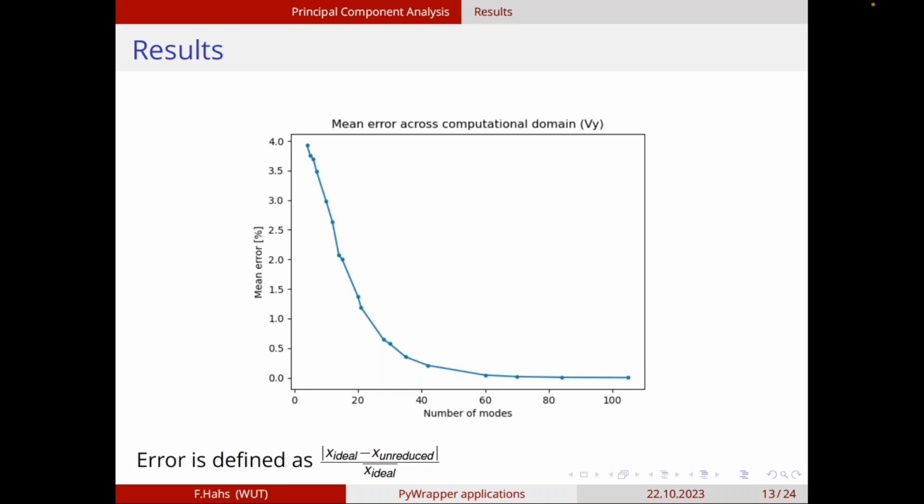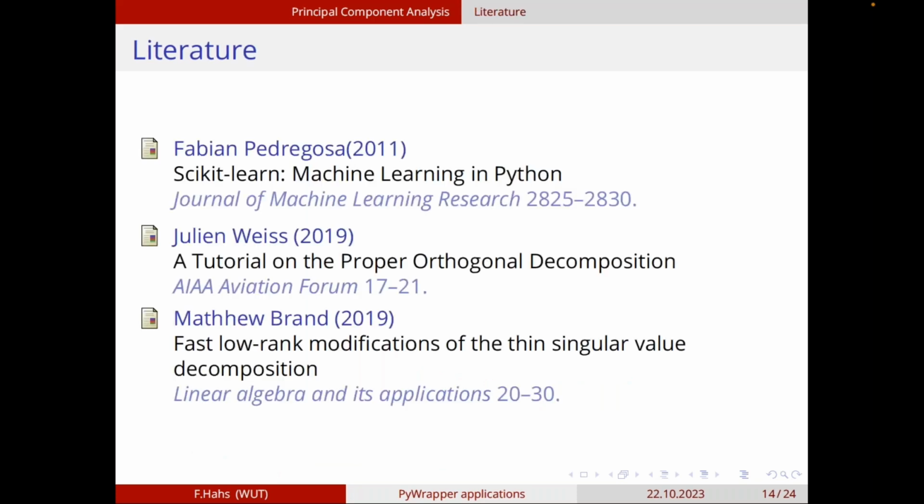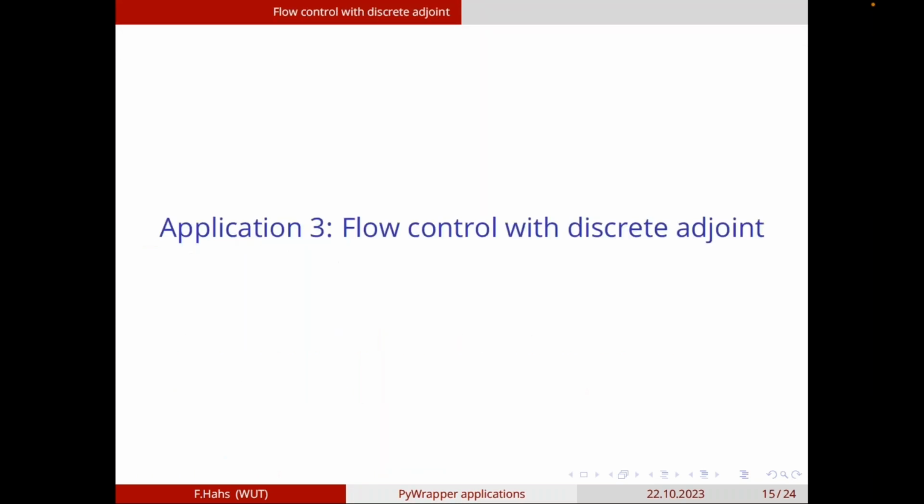So we can see this is quite accurate. I calculated the error for one flow variable, and it's averaged over a certain period. This is how it's defined. Here I have some articles relating to this problem.